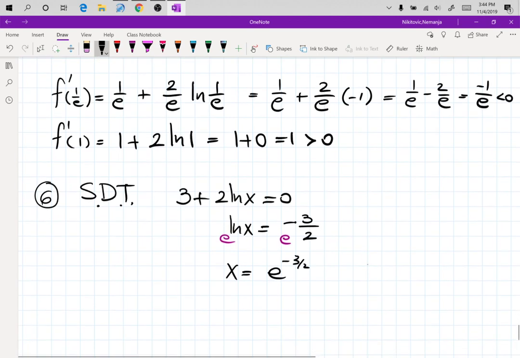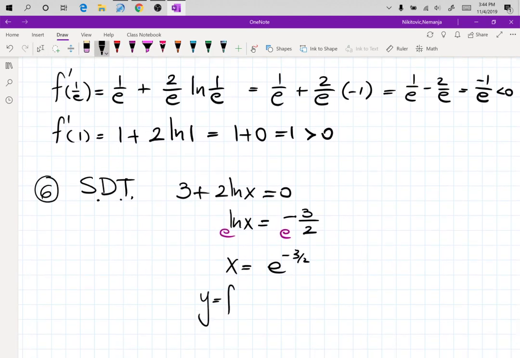We can find its y value by plugging e to the negative 3/2 into the original function, which is x squared times ln x. So e to the negative 3/2 squared times ln of e to the negative 3/2.